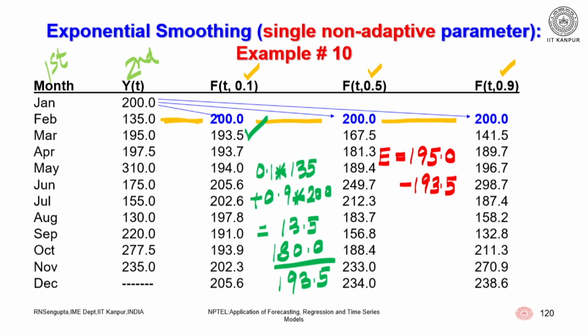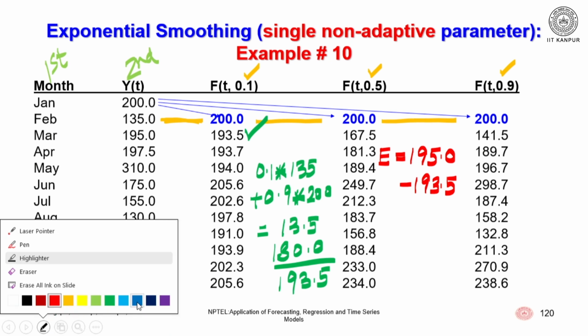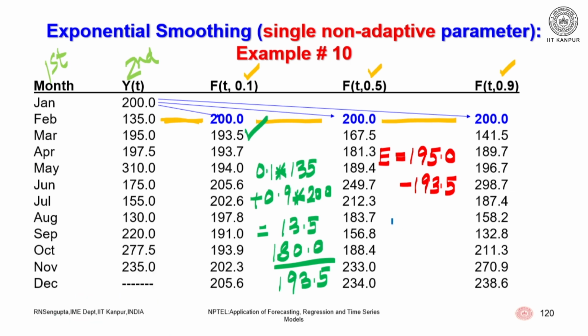And if I go to the last case, I'll use a different color. So here in this case, I am using the blue color to denote the third column value, the last column values, fifth column values. So that will be given by the concept that you have 90% value on 135 plus 10% weightage to 200.